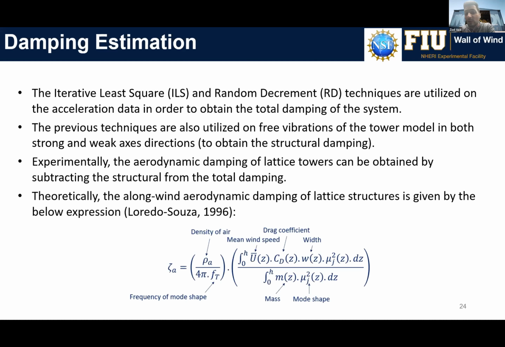We compared those experimental techniques with the along-wind aerodynamic damping of lattice structures given by Loredo-Souza in 1996, which is mainly a function of the tower height per zone of tower. It includes the mean wind speed, the drag coefficient, the width of the zone, the mode shape, the mass, the frequency of the mode shape, and the density of air.